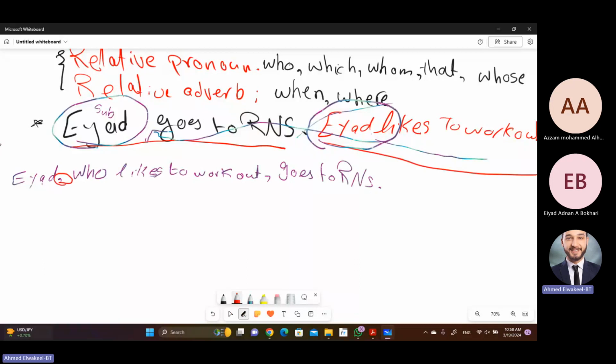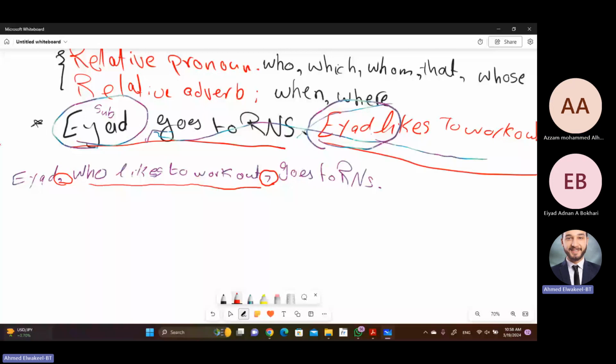Notice also this one. And bingo. "Who likes to work out" is an adjectival clause. Why adjectival? Because "who" is a relative pronoun, and "likes to work out" describes Iyad.